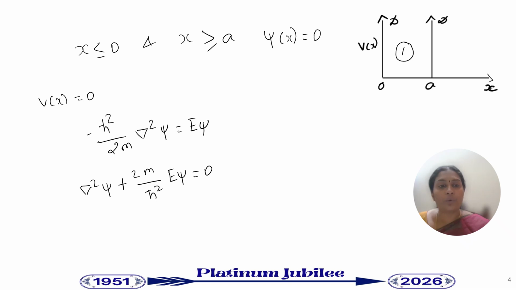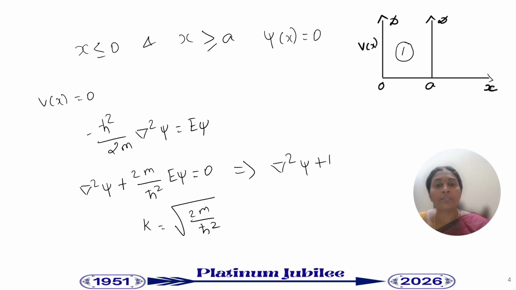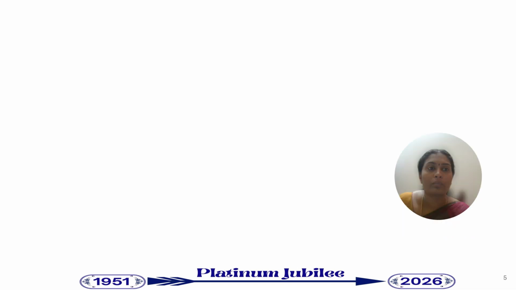And here I'm just going to introduce a constant called k, which is nothing but the square root of 2mE by h cross square. So this equation can be written as del square psi plus k square psi equal to 0.